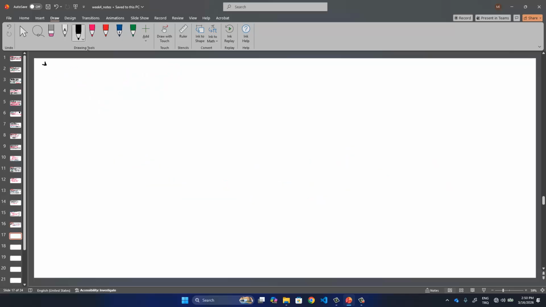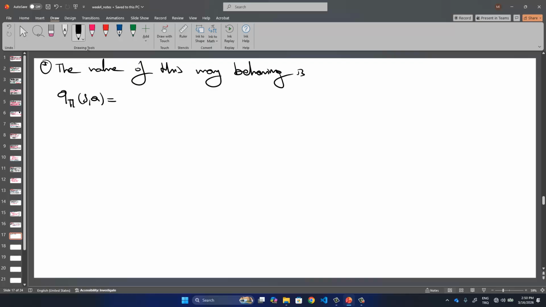The value of this way of behaving is like this one: q pi for a given s and a, which equals the expectation of R t plus 1 plus gamma v pi of S t plus 1 given S t equals s, A t equals a. Okay?